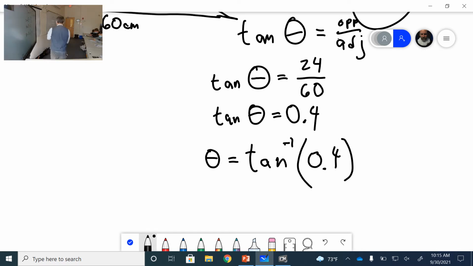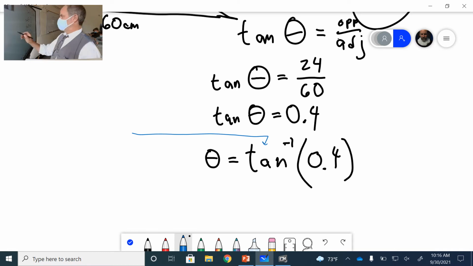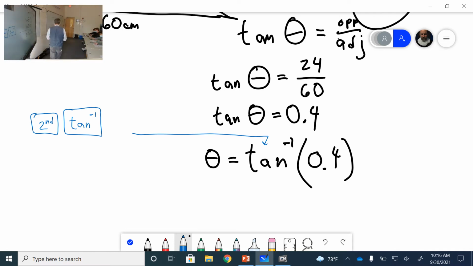And if you're looking at your calculator and you're like, wait, I only see tangent, I don't see an exponent -1, the way you get that is by pushing the button that says second, and then that should light up and convert the tangent button into a tan -1.